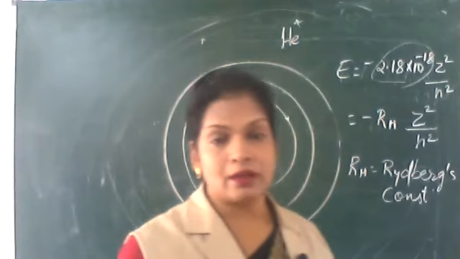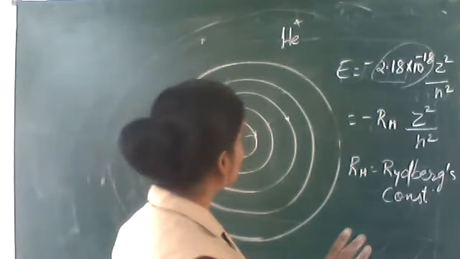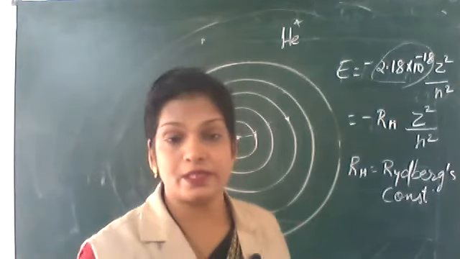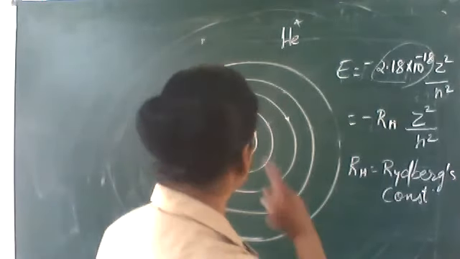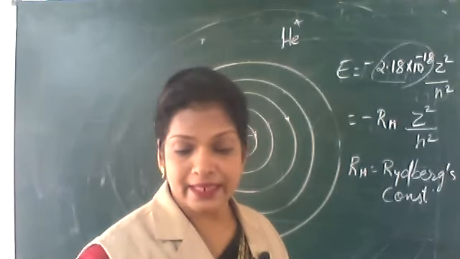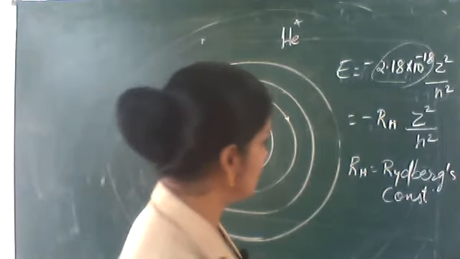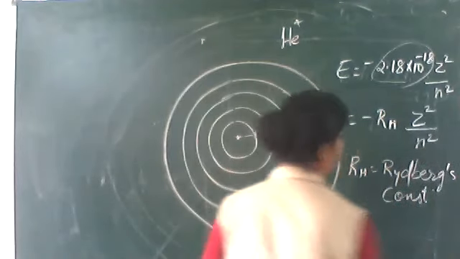Bohr atom model exists only for one electron systems. So calculate the energy associated with this electron present in He plus, in the first orbit, that is n is equal to 1.